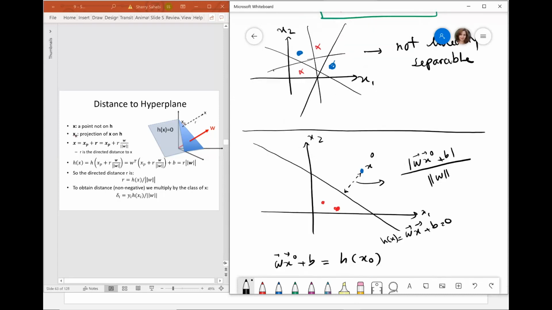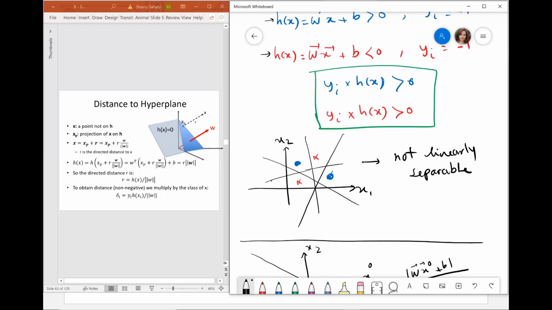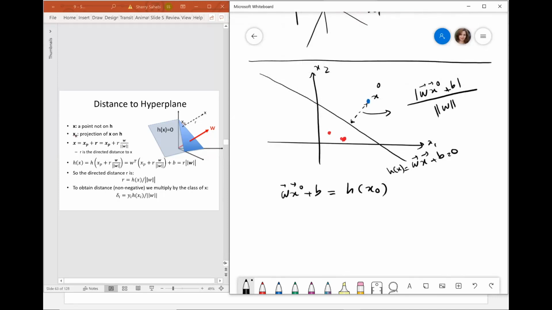So here, this is as if we multiply yi with h of x, it's as if we are taking the absolute value for h of x, right? So here, in calculating the distance, instead of taking the absolute value for h of x, we can just say that we can multiply the label y, right, for this x0 with h of x0 divided by norm of w.